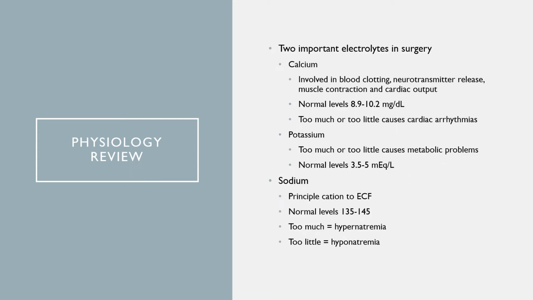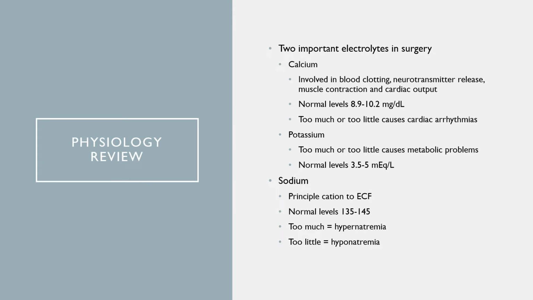Two important electrolytes in surgery, which we've talked about a bit before, are calcium, which is involved in blood clotting, neurotransmitter release, and muscle contraction and cardiac output. Normal levels of calcium are 8.9 to 10.2, and too much or too little causes cardiac arrhythmias.